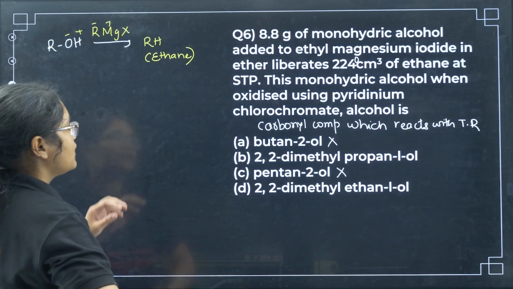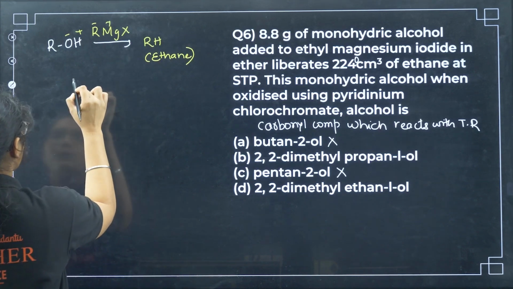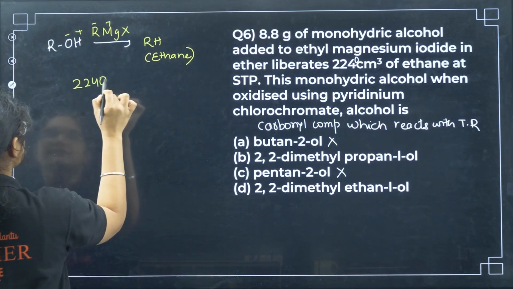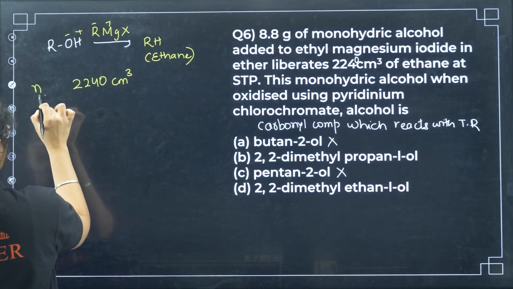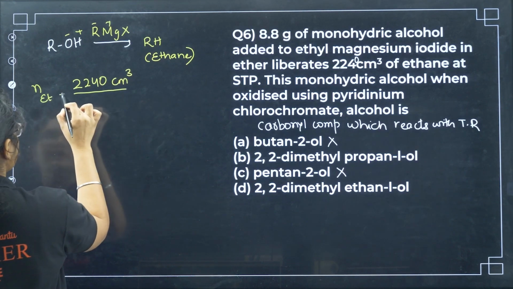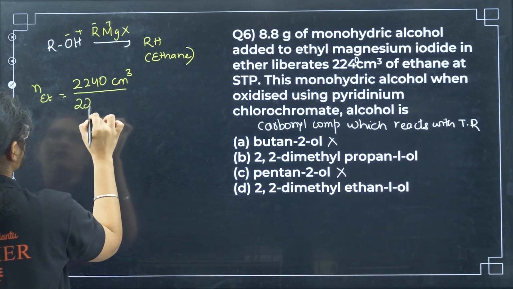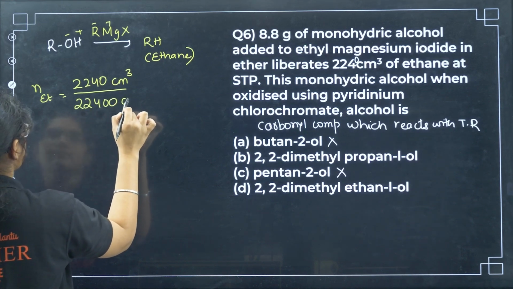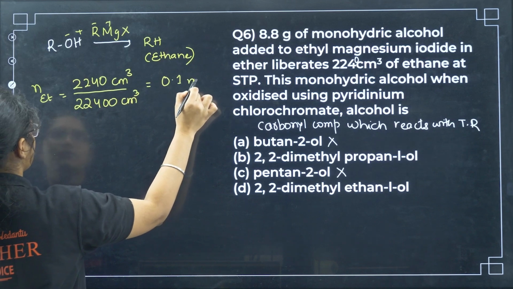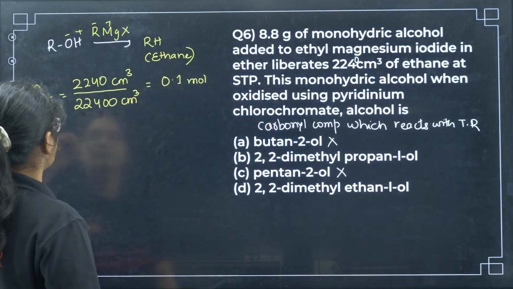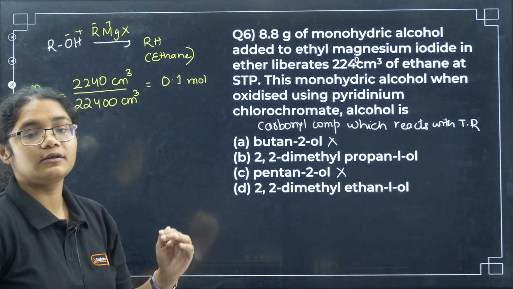Now in the question we have been given 2240 centimeter cube of ethane formed. If I want to calculate the number of moles of ethane, then it is given volume by molar volume, so it is 1 by 10, or I can say 0.1 moles. So number of moles of ethane is 0.1 moles.